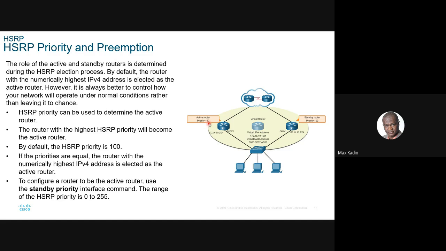We configure the priority ourselves. Here it is 150, the other one is 100. So automatically this one is elected as the active router, the main router. We'll do a short config and that's all, nothing else. You can also check this.